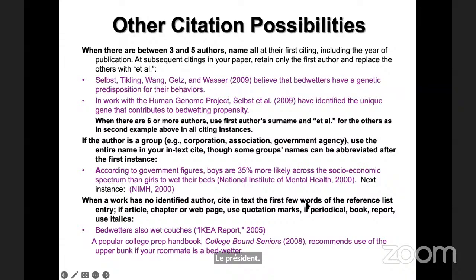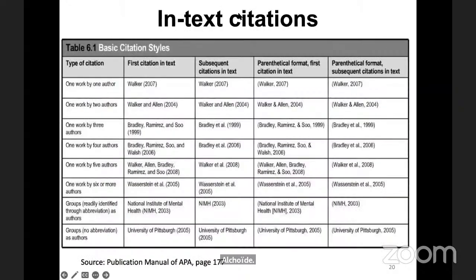I'll show you directly how to cite this website and other things in different ways. So at the end, this is just an example of what we discussed so far about one author, multiple authors, and whether it is the first-time source citation in text or a subsequent citation. For example, one work by one author is more or less similar. For the first citation in text, you may write it this way. This is a parenthesis way, and this is how we can write it for the second time, third time, or in parenthetical format.